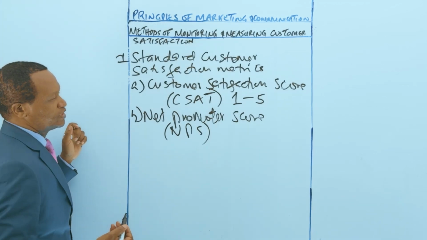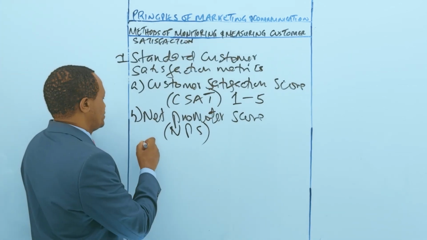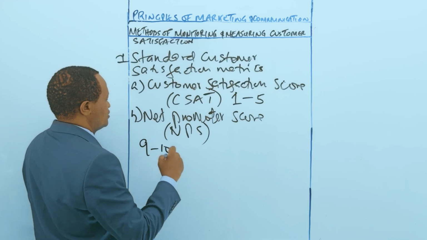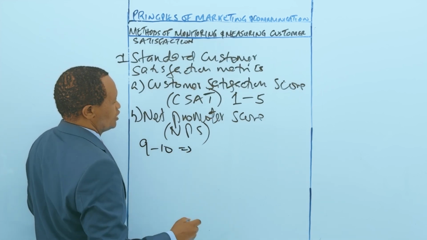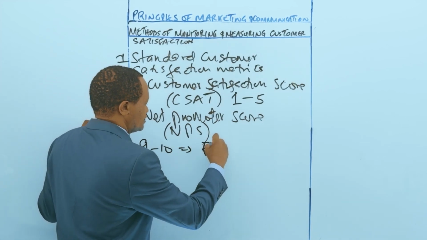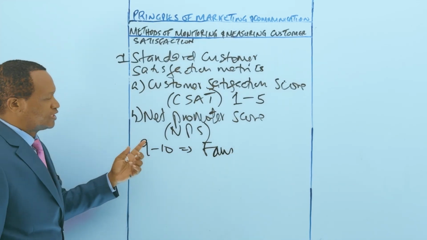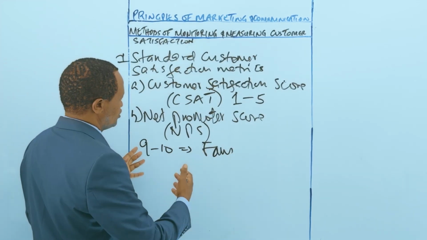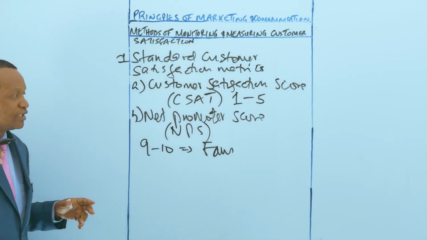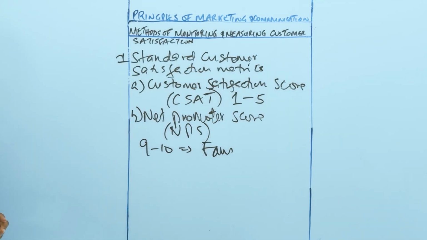So the score could be from 9 to 10. If you get a score of 9 or 10, those can be categorized as your fans.